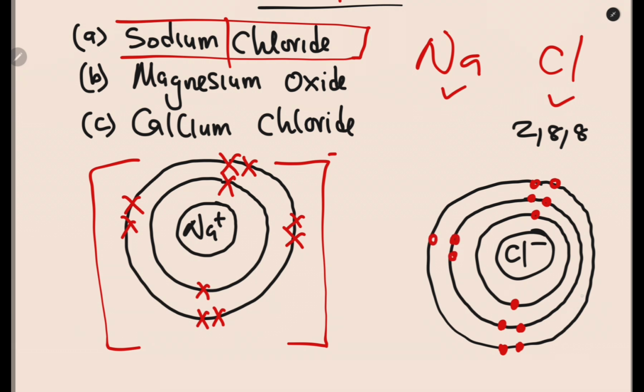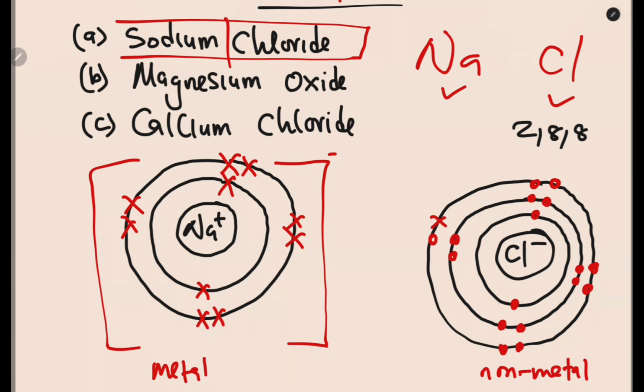Now listen very carefully. We are saying this is the bonding that forms due to transfer of electrons from metals. This is the metal and this is the non-metal. When a metal, sodium, loses an electron, in this case forming sodium chloride, the 1 electron that it loses is gained by chlorine.